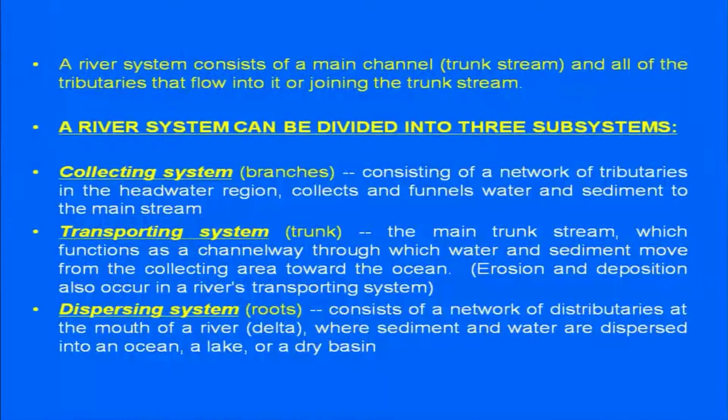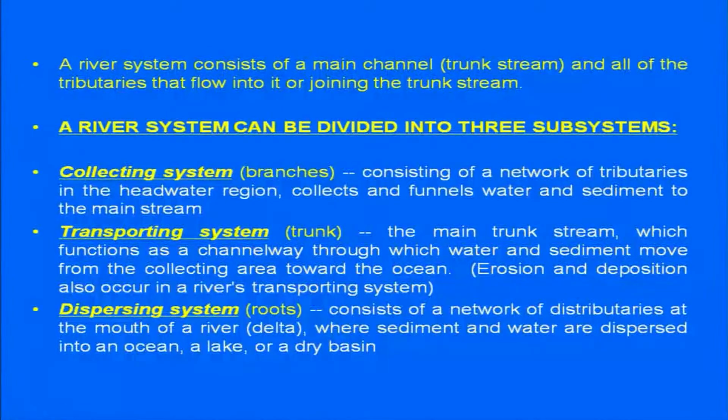So branching, trunk stream and roots, and roots consist of a network of distributaries at the mouth of the river, and the landform associated with such a dispersing system is the delta, where the sediment and water are dispersed into an ocean. It could be an ocean, it could be a lake, or a dry basin which it goes and meets.